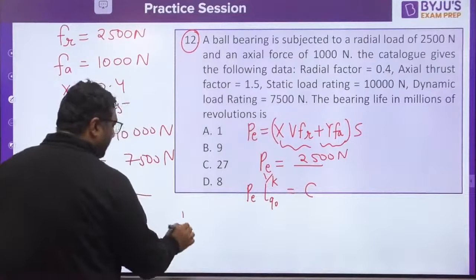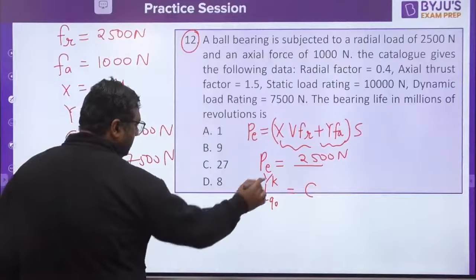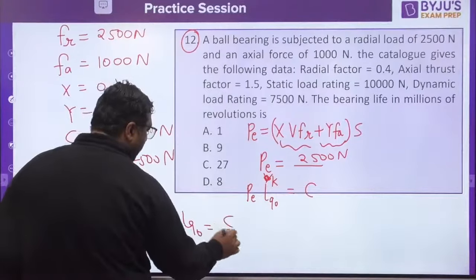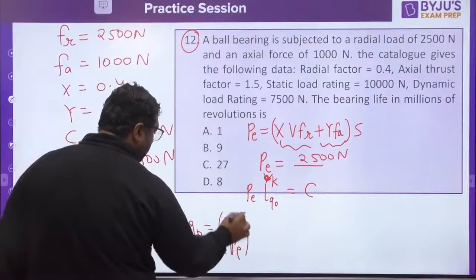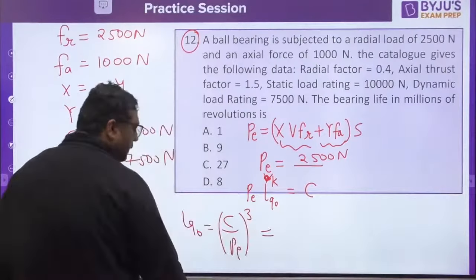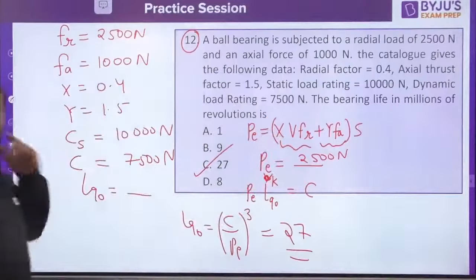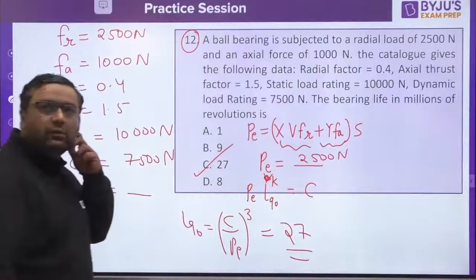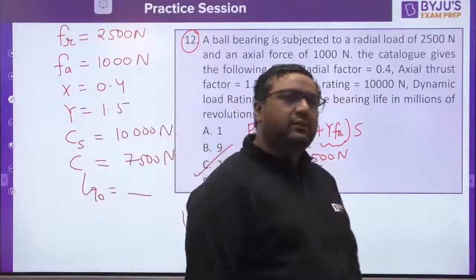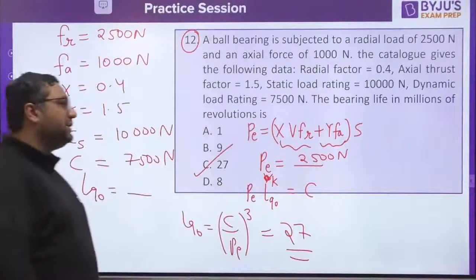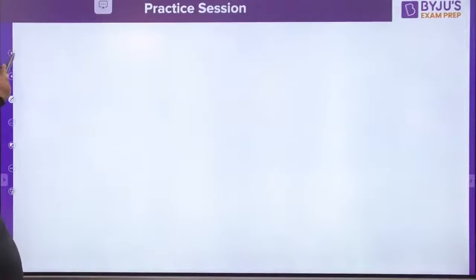So you just need to put L90 as C by PE to the power cube. 27 would be the answer. Is it clear, guys? Very good. So this is the answer for this.